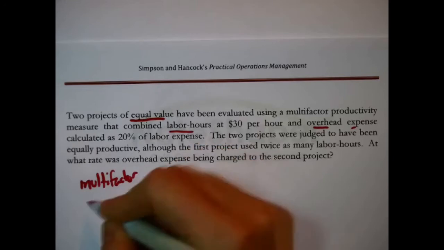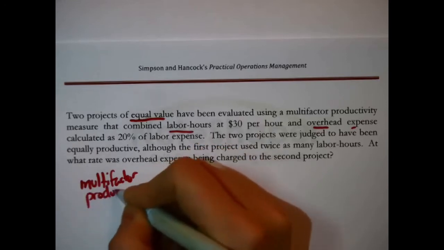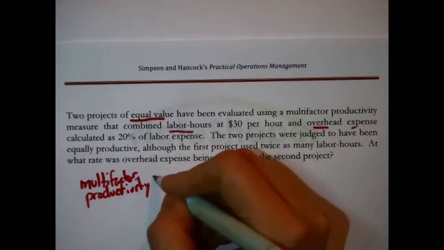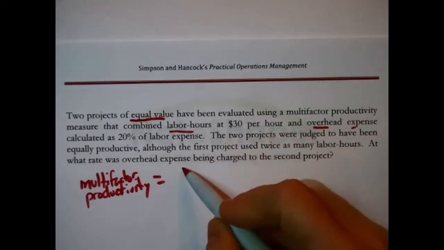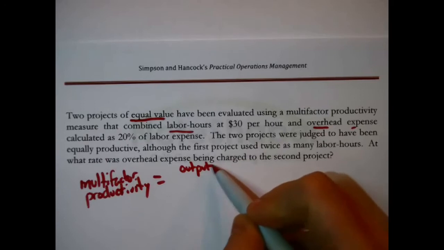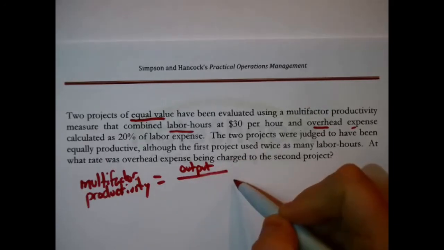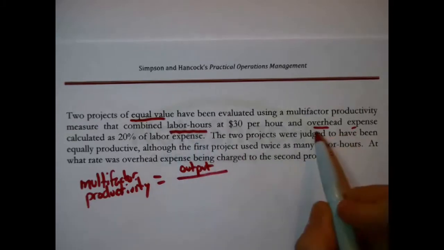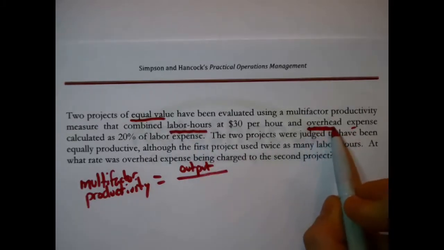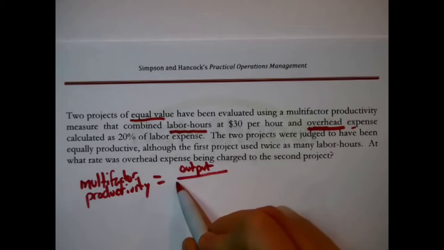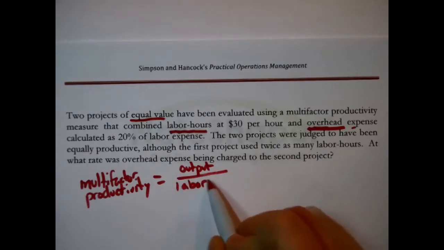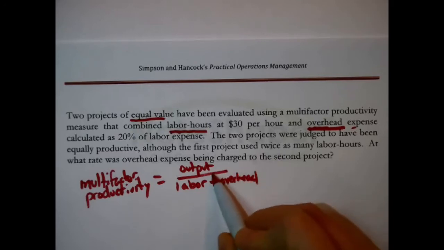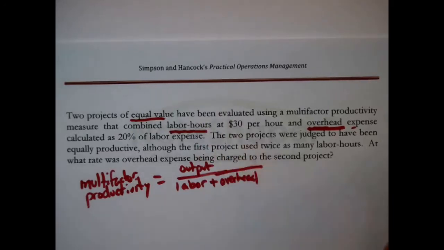Multi-factor productivity is defined as output over a set of inputs. There's no mystery here exactly how long that list of inputs is. For this problem, it's apparently labor expense plus overhead expense. I haven't decided anything, I'm just taking notes.